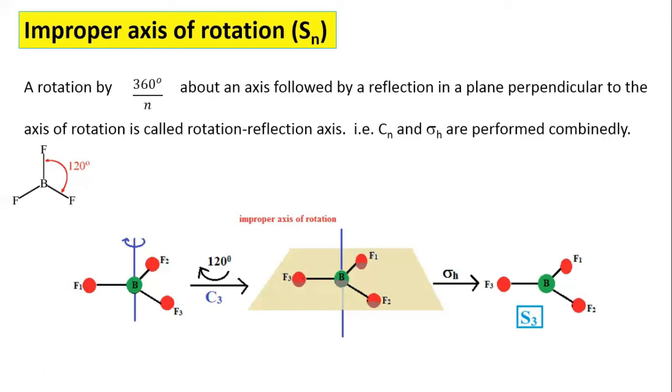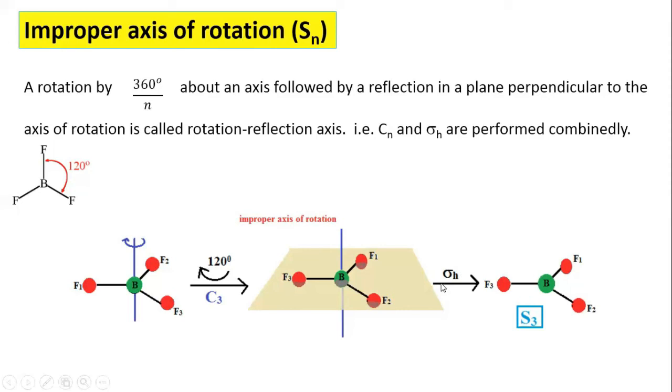Since it's a planar molecule, we are going to keep a mirror plane over the planar molecule, which has to be perpendicular to the axis. That is the requirement here. So the plane should be perpendicular to the axis, and that plane is said to be sigma h.